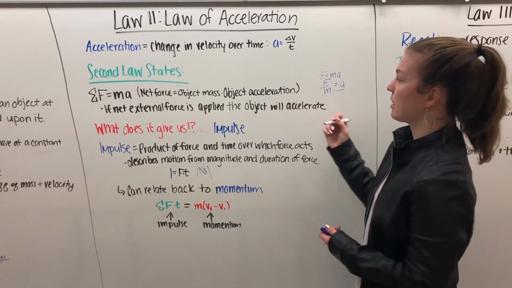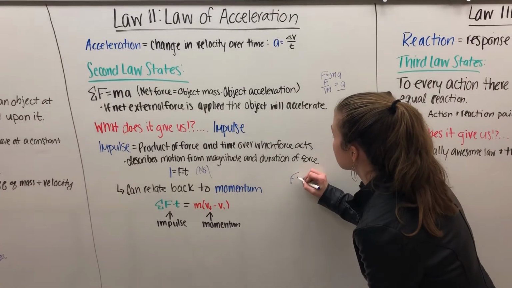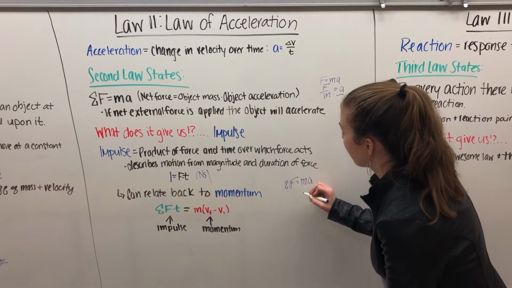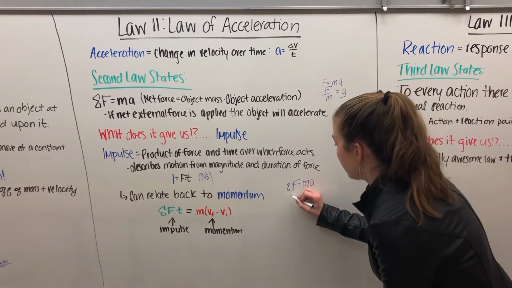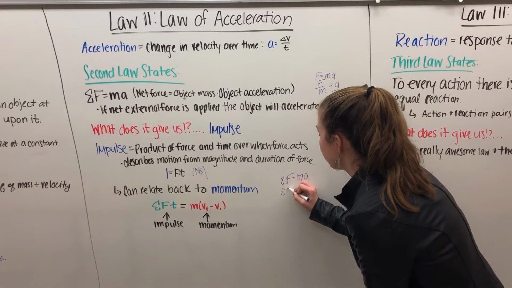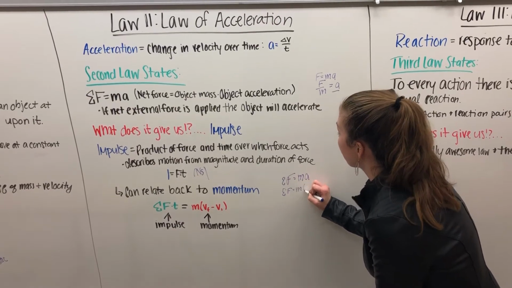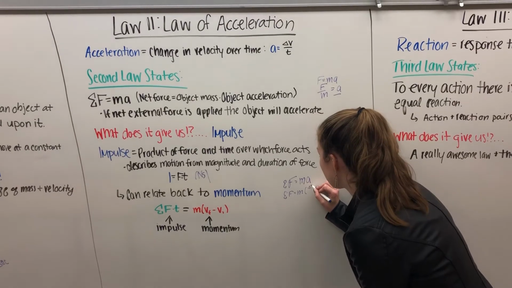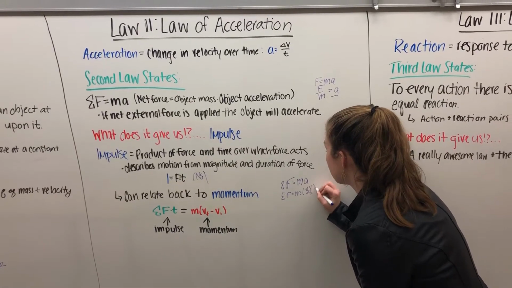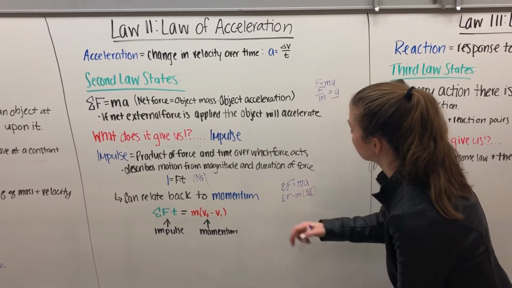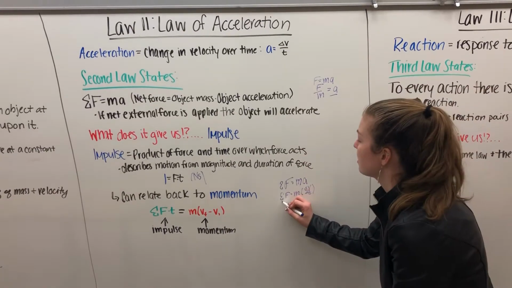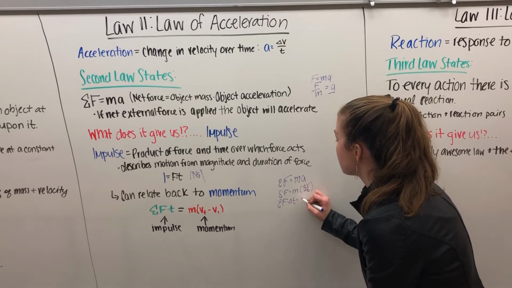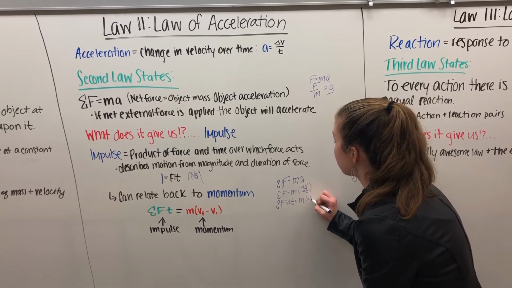So if we look at the second law, again, we see it's F equals ma. So if we expand this, we still have F equals mass, and then we already defined acceleration up here as delta v over delta t. So delta v, delta t, and then we can just do some rearranging. So this would give us F times delta t equals m times delta v.